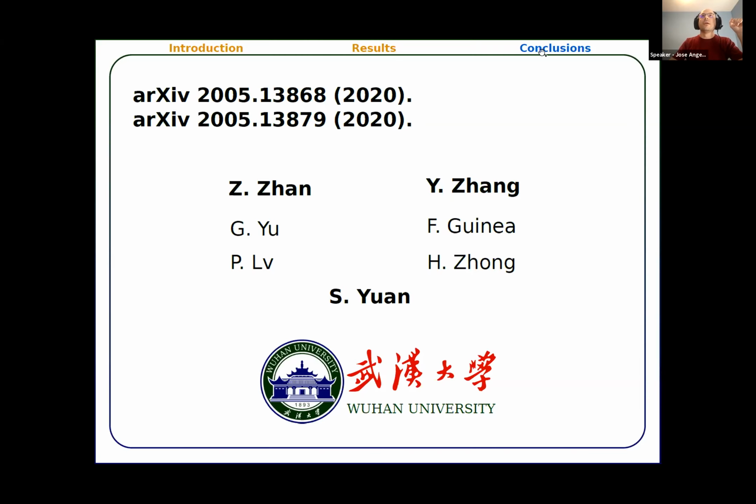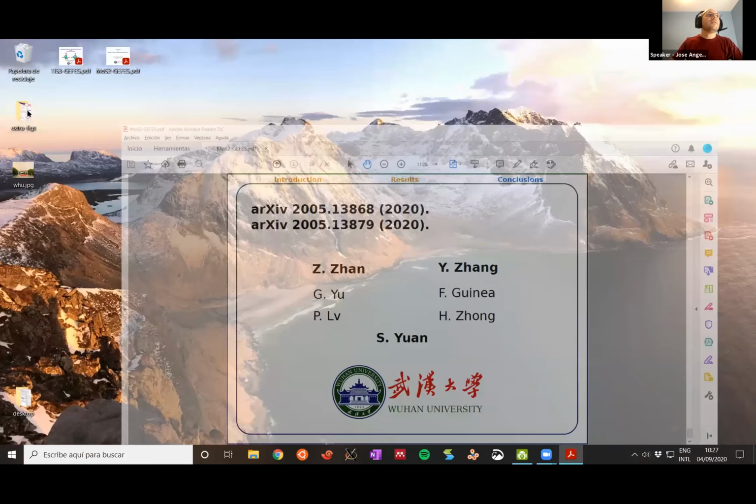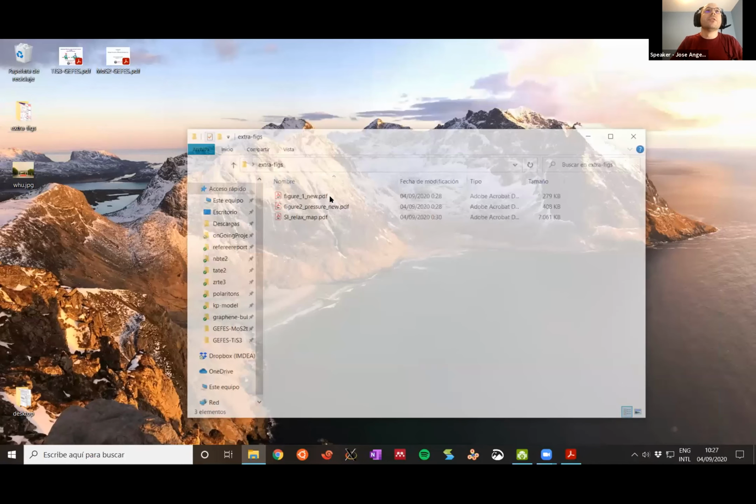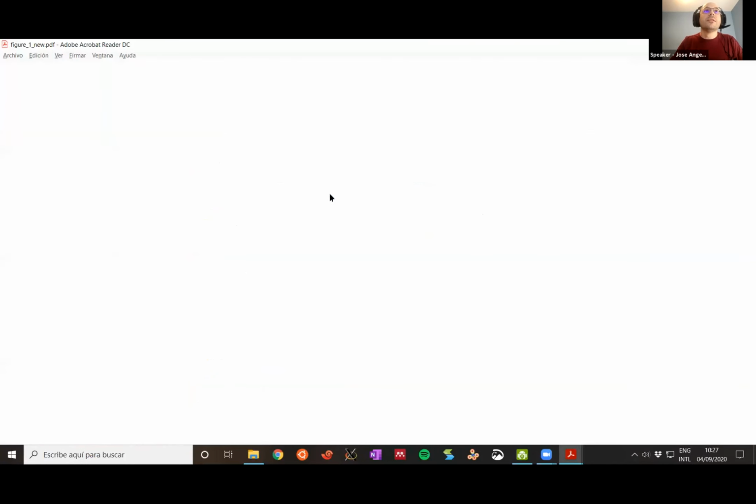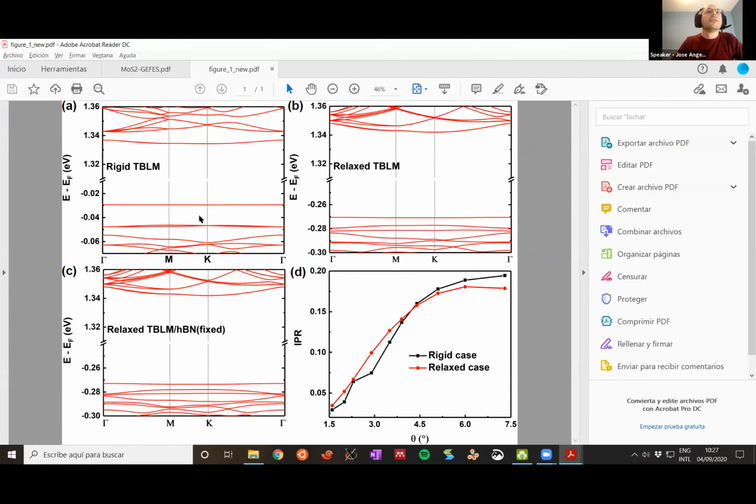So maybe I can show you this figure because we got it basically this morning. And as you can see here, if we don't relax the system, it looks like this. And if we relax freely, the conduction band changes a little bit, but basically the flat band stays very flat.